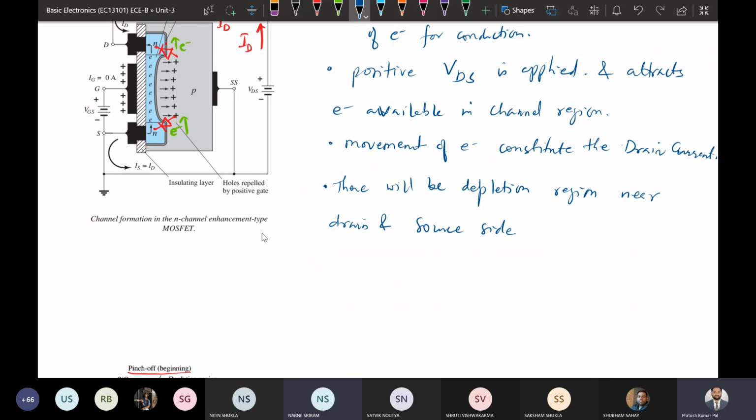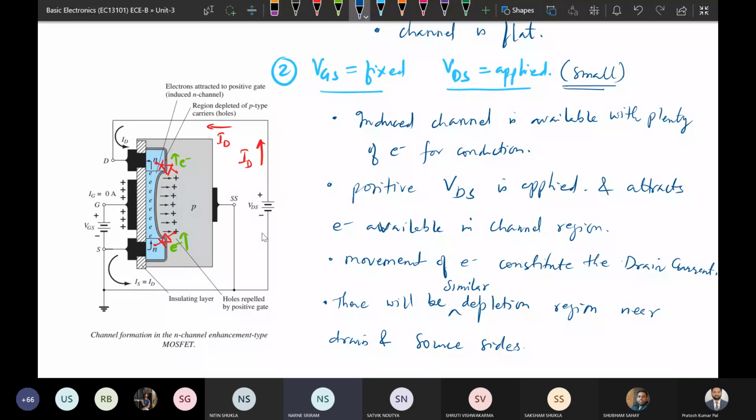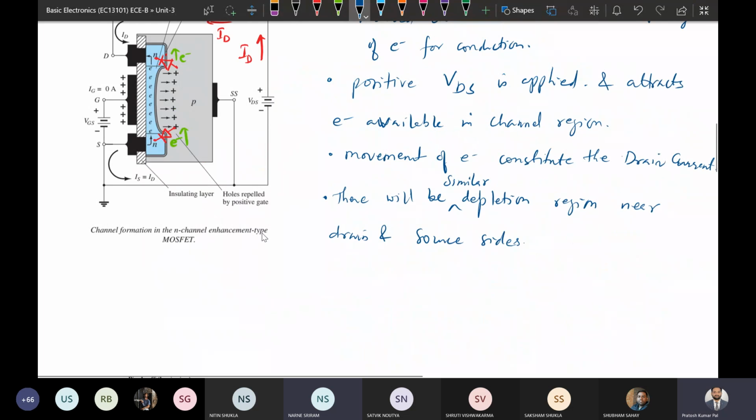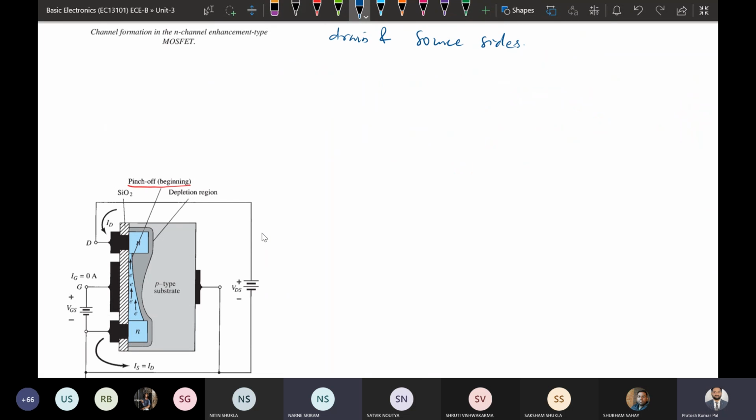There will be a similar depletion region near the drain and source sides. So on both sides a similar depletion region will be there if we apply a drain to source voltage that is small.